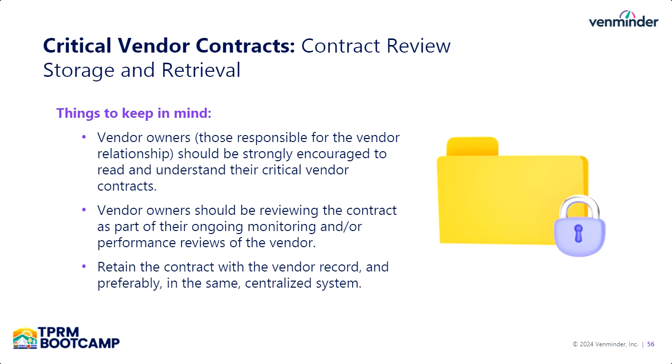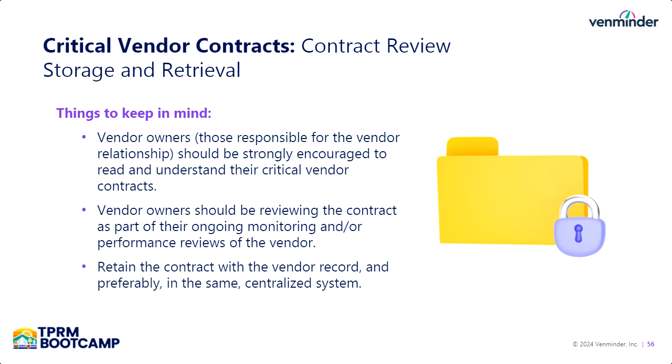A few things to keep in mind as it relates to contract review, storage, and retrieval of those critical vendor contracts: your vendor owners, those responsible for that vendor relationship, should be strongly encouraged to read and understand their critical vendor contracts. The vendor owners are the ones who should know the most about those vendors, and knowing the most about the vendors and the relationship, as far as what they're offering, the service, etc., should also include knowing the contract and the restrictions around the contract.